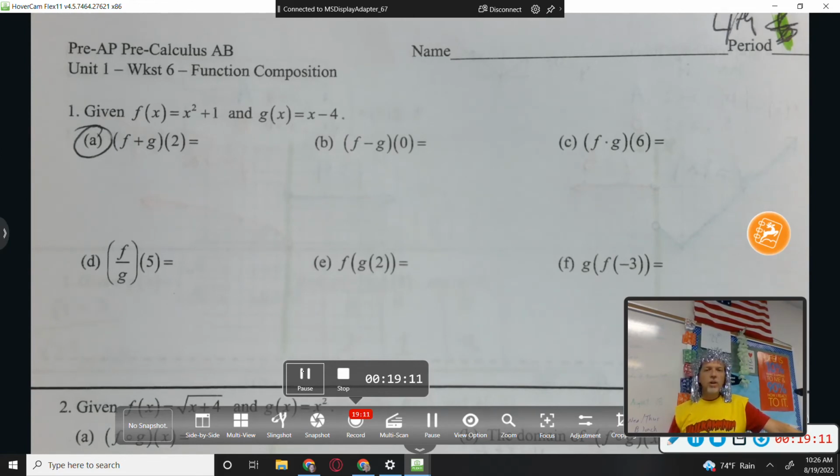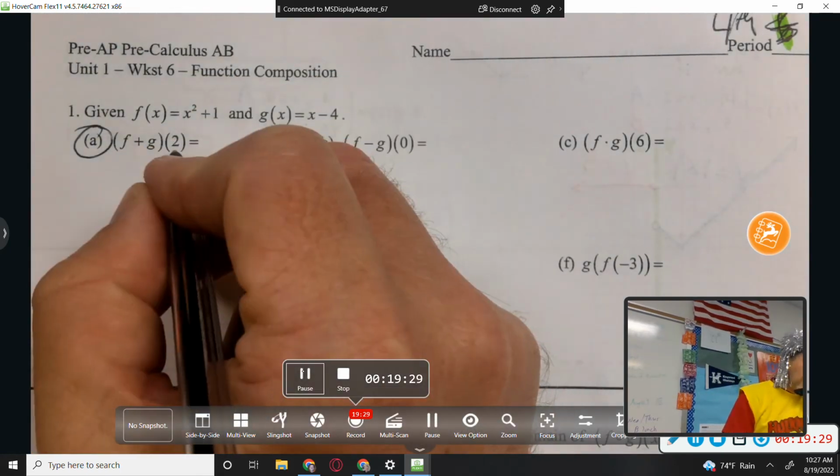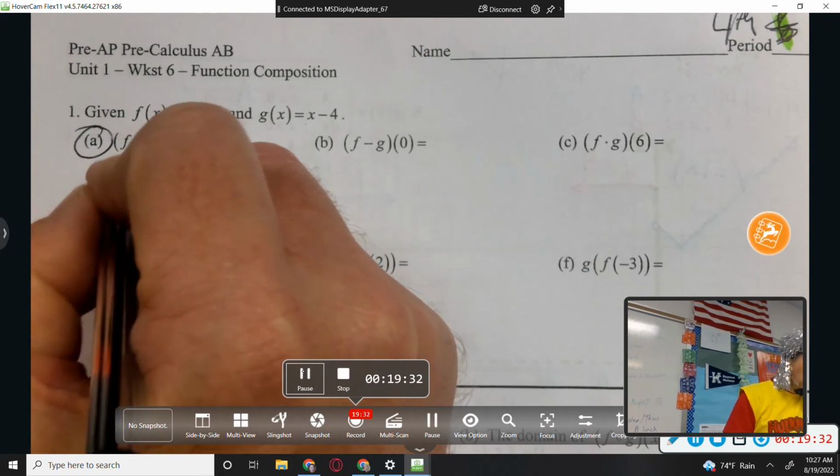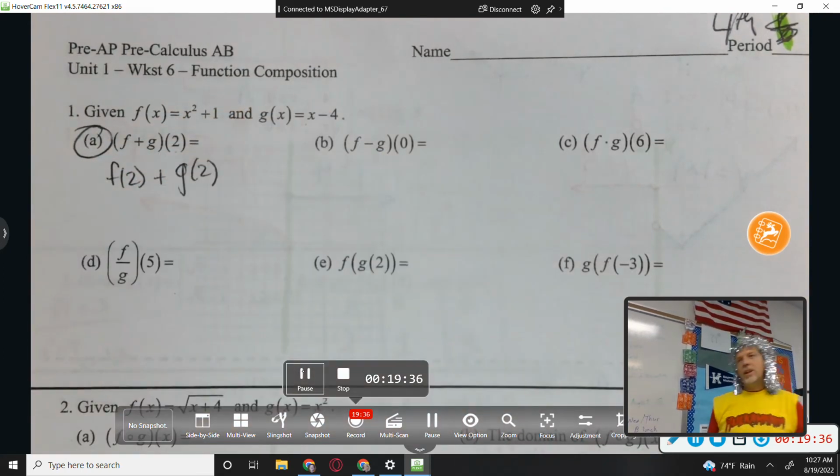What do you think we do to find that? X squared plus 1 plus whatever g of 2 is? Kind of. Well, there's actually two ways to do it. You can add the f and g and then plug in 2, or what most people find a little easier is to just find f of 2 and g of 2 and add them together. Probably the easier way to go.